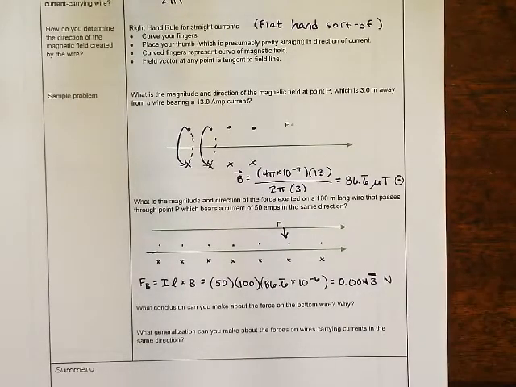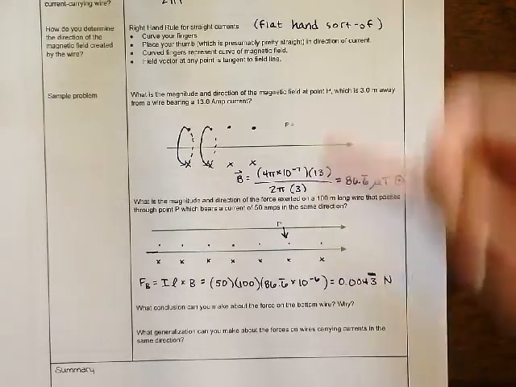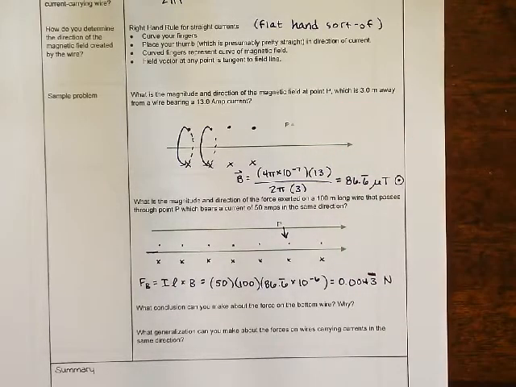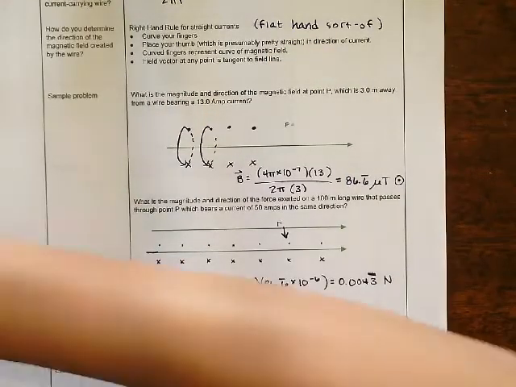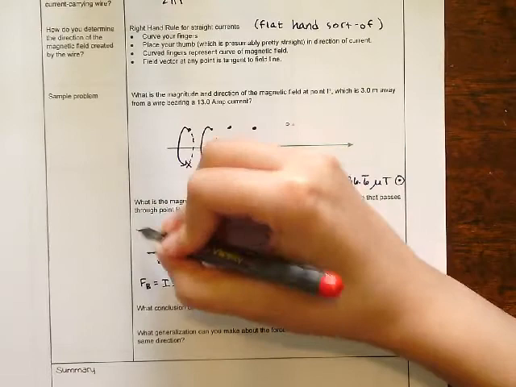What conclusion can you make about the force on the bottom wire? Oh, well, hold on. The presence of this wire here on top is also going to generate a magnetic field in very much the same manner as before. So I'll indicate what's going on here in red.